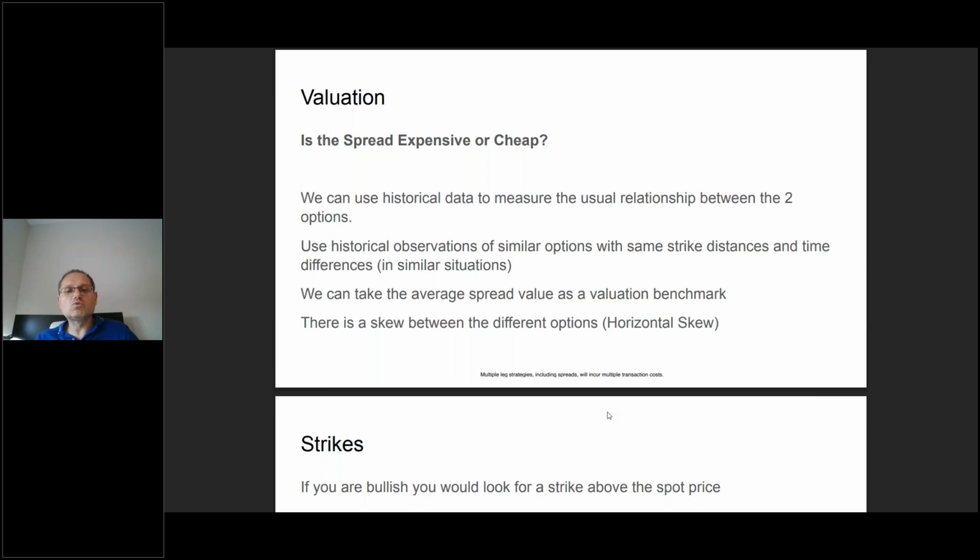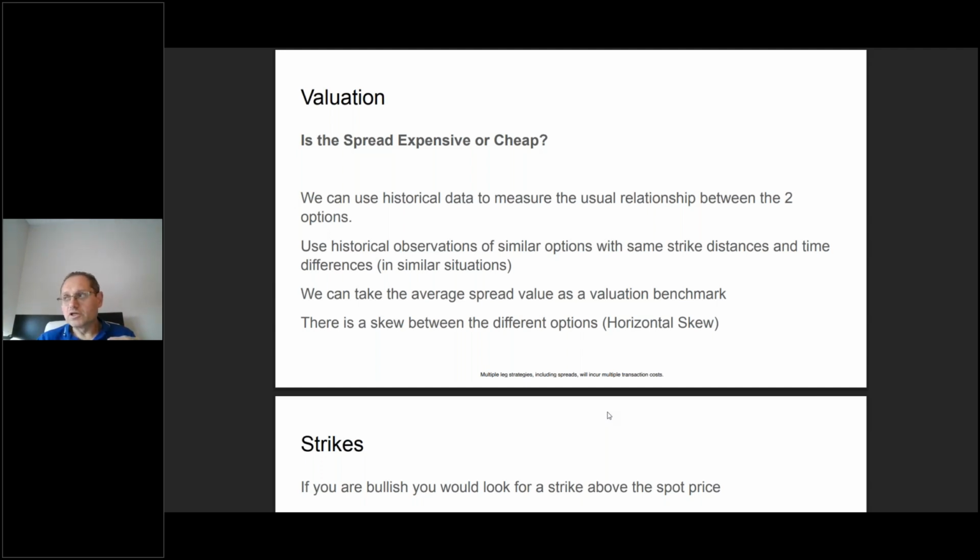So this way we could create a valuation benchmark, and see how far away we are. Think of it as this long-term average value, and how far are we away from that long-term average value for this particular strategy. And this helps us with a horizontal skew, because the implied volatility term structure will move around. Right? It could get inverted.